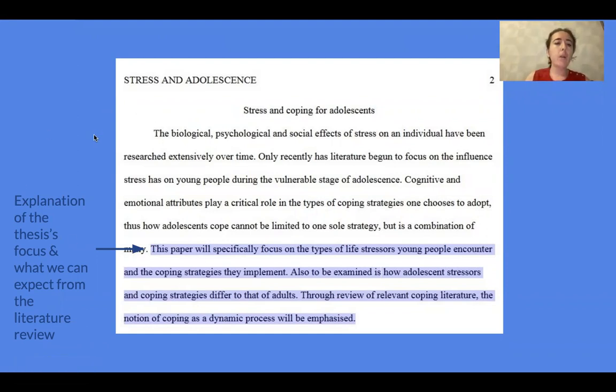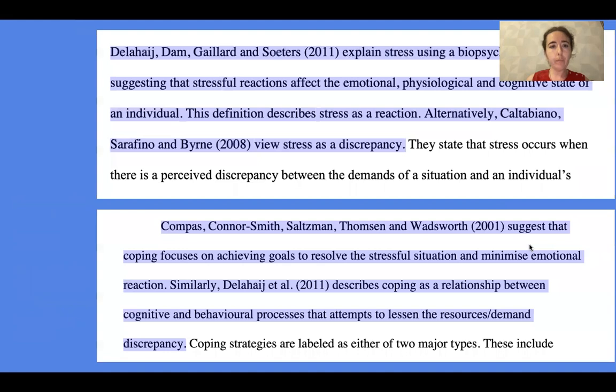So if I know, okay, one way to begin a literature review is to talk about the general state of the research and point out what's missing, you can apply that to your own research question, right? Which is probably not about stress in adolescence, right? So when we analyze what role these sentences are playing, we can then apply that lesson to our own writing, even if it's on a different topic. All right, so let's look at more examples.